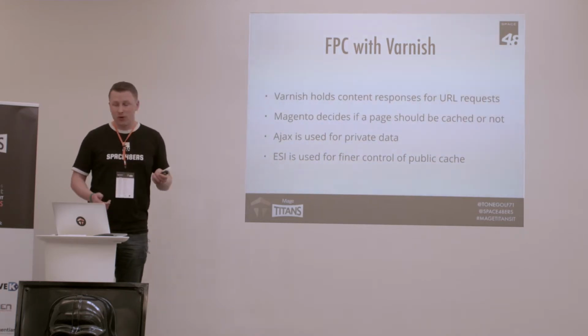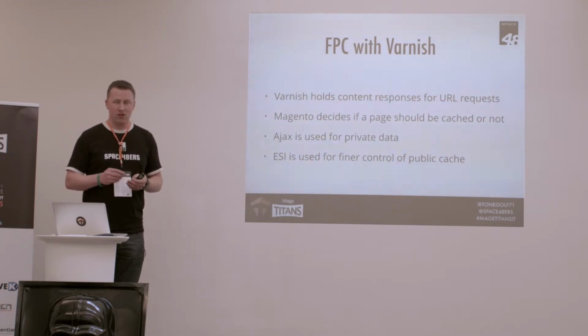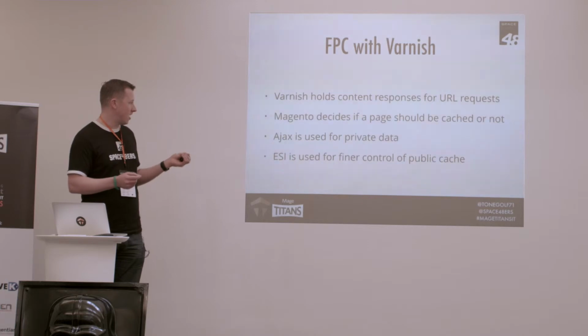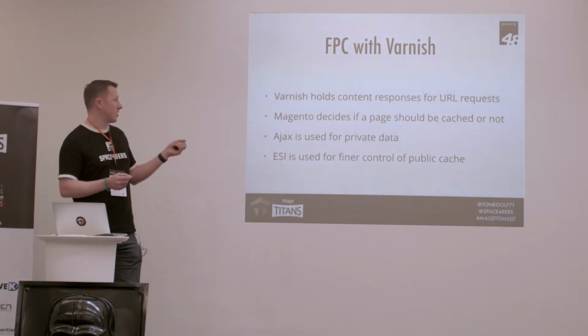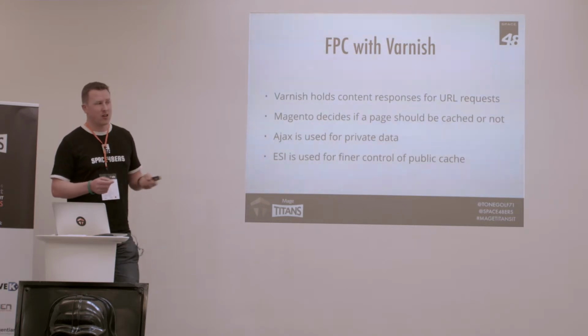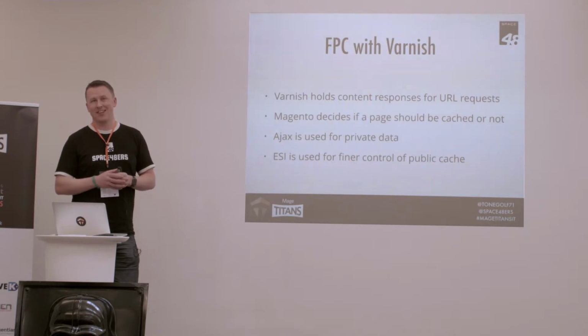There are a couple of approaches to do this. One of the common ones is to use edge-side includes, ESI, but Magento haven't taken that direction. They've taken the direction of Ajax. Well, first I'll explain what edge-side includes are.